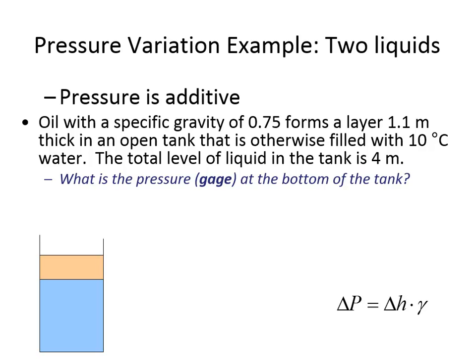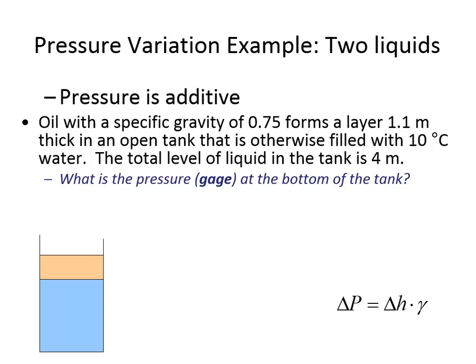What if we had 2 different liquids? We've got oil on top and water down beneath. By the way, on the quiz, it seemed like some people understood specific gravity and some people were still struggling with that concept. So let's say this is a specific gravity of 0.75 for the oil.